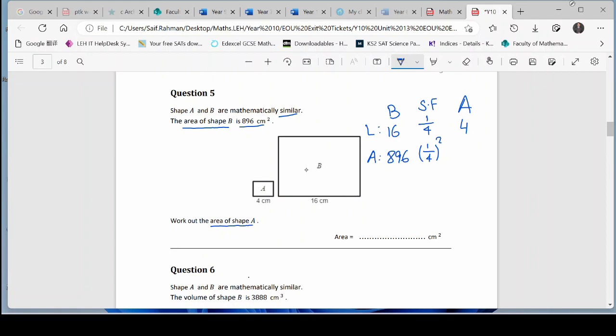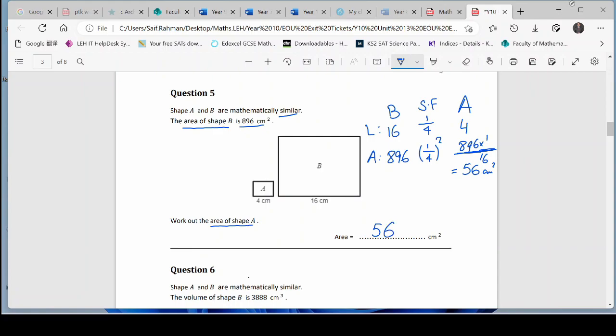And now we have to multiply this to find the area of A. That will definitely be smaller because when you multiply 896 with 1 over 4 squared, 4 fours are 16. So area of A will be a smaller one. So 896 times 1 over 16. So this will give us 56 centimeter square, which is the area of the smaller one.